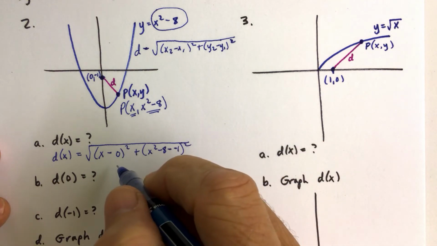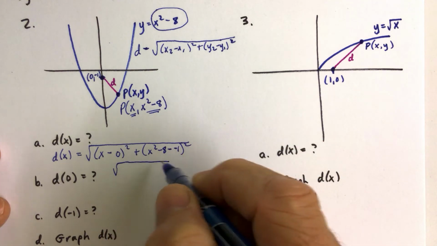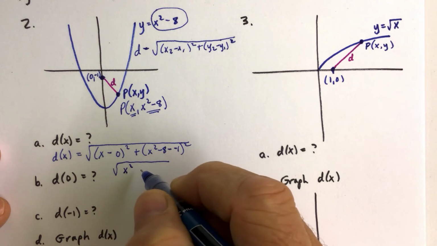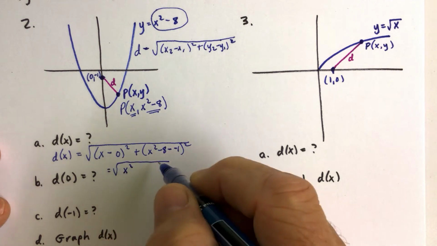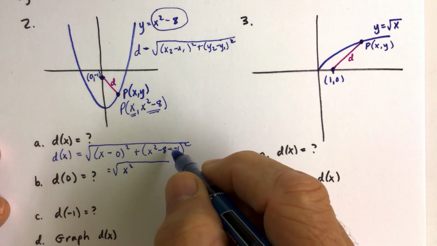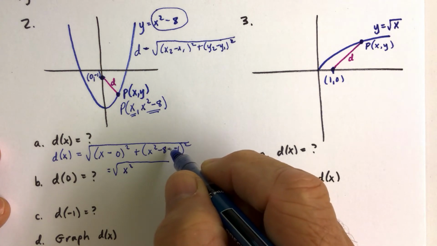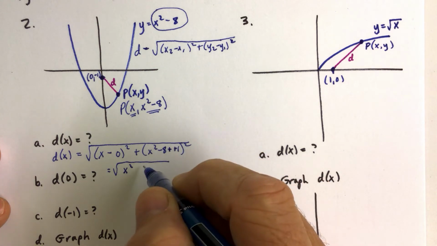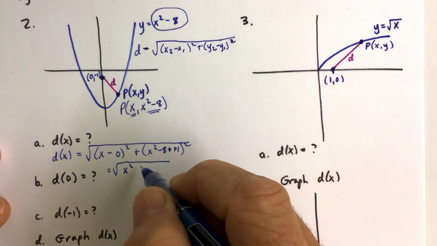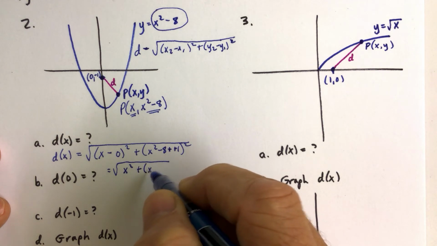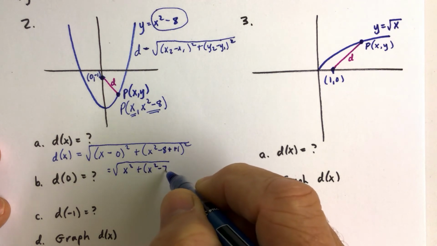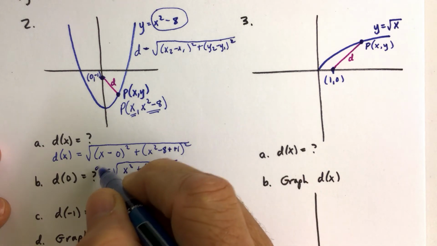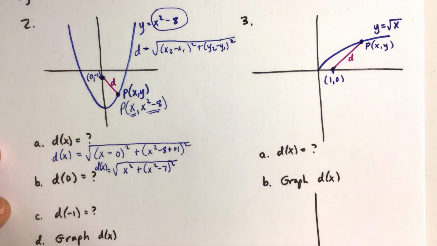So just to clean it up, x minus 0 is the same as x squared. And -8 minus -1 is -8 plus 1, which is -7. So we have plus x squared minus 7 quantity squared, and that is our distance as a function of x.